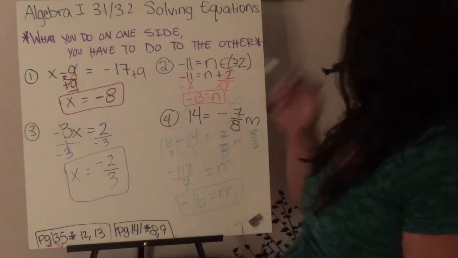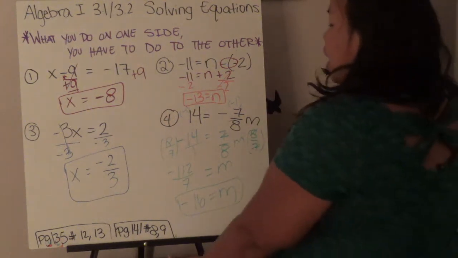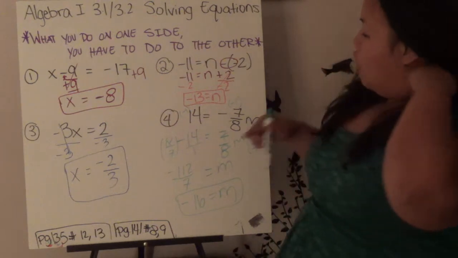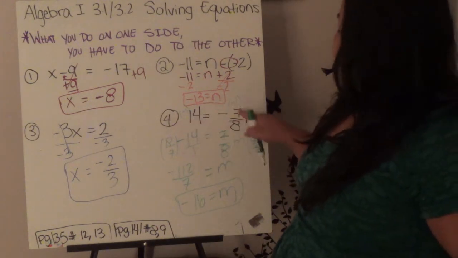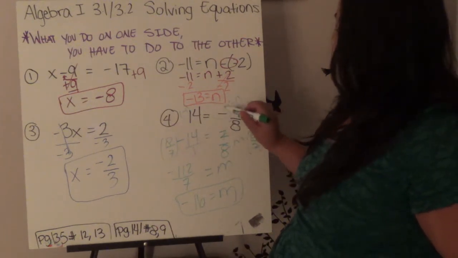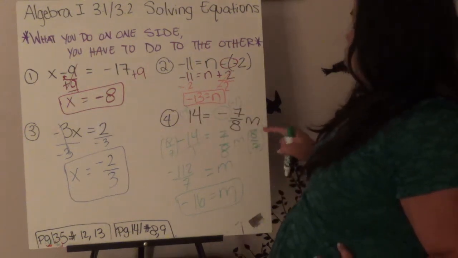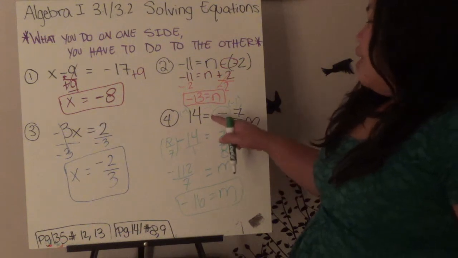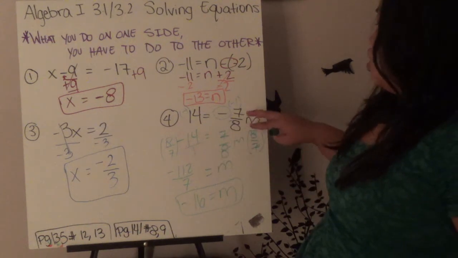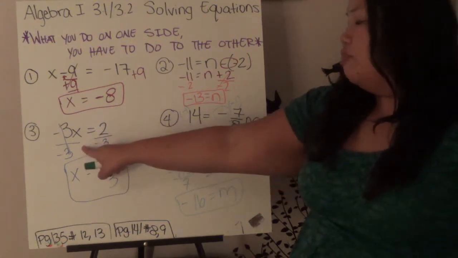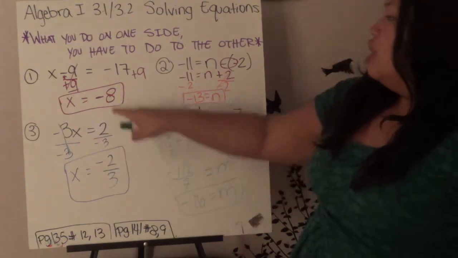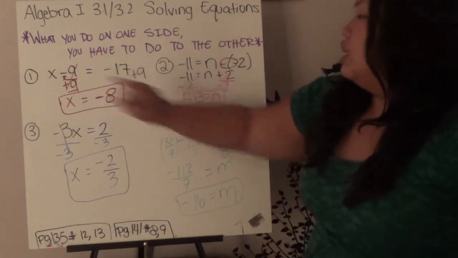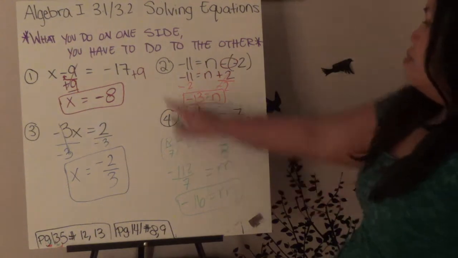So let me go through that again just in case you didn't fully follow. I multiplied both sides by negative 1, so this negative can be on the other side because I didn't want it to be attached to the m anymore. Okay? Then after that, I took the opposite of 8 over 7. You know, the opposite of multiplying by negative 3 is dividing. This one, the opposite of subtracting negative 9 would be adding positive 9.